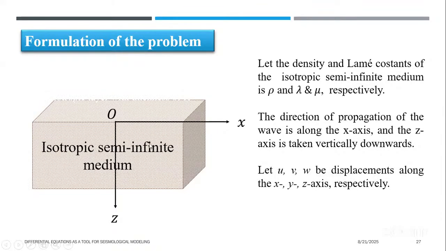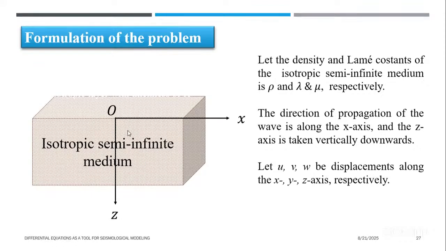Elliptical means it is proceeding further towards the direction of wave propagation, so it is longitudinal in nature. And since it is also moving up and down, it has a transversal component as well. So that's why the u component and w component will be there, but there will be no v component.